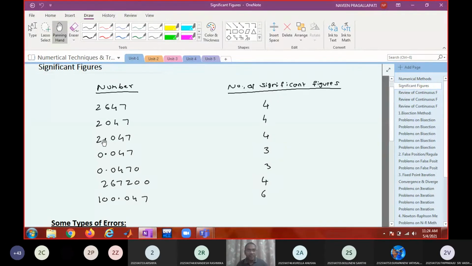Significant figures means the digits before the decimal point also have to be counted. So you may consider this as a solution corrected to four significant figures, or a solution corrected to three decimal places. Do you see the difference? The number of decimal places may be different from the number of significant figures.